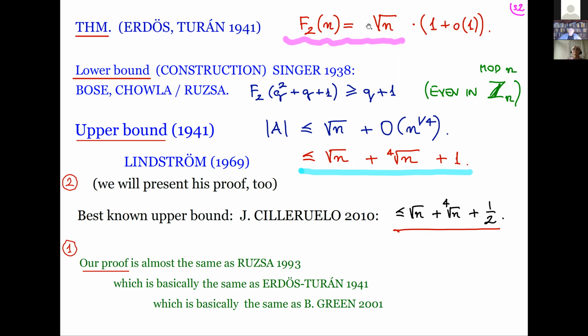They only proved the upper bound, because the lower bound is algebraic, and there are different versions by Bose and starting with Singer, giving root n times some particular lower bound construction. Now, in 1969, Lindström gave a somewhat different proof.